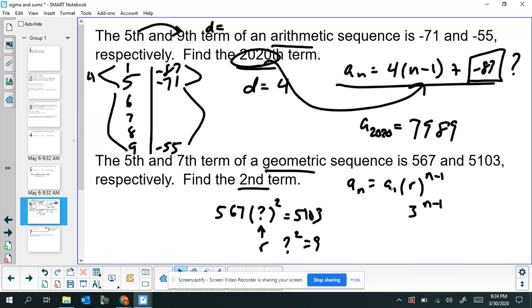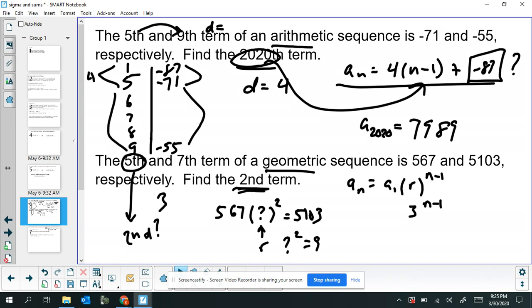So we can try to figure out what the first one is, but that's not really the point. We want to figure out what the second term is. So if we're going to do that, we can figure out how many steps we need to get from the fifth term to the second term. Well, 5 to 2 is 3 steps.